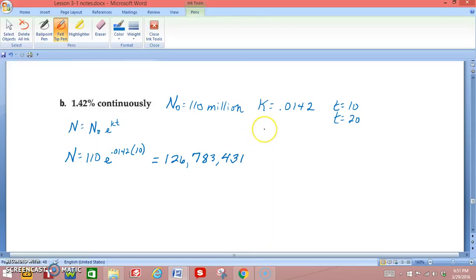Okay. So you can see it's a little bit more than the previous, than example A.